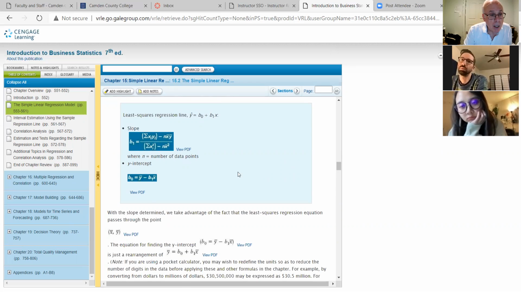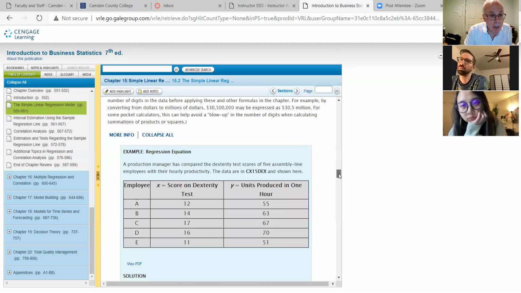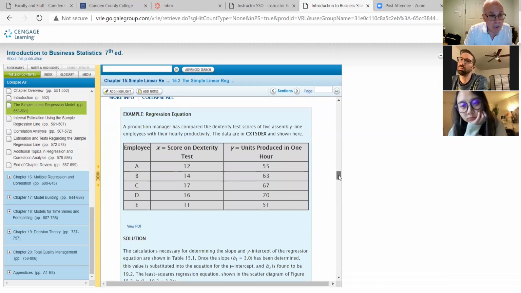Okay, and then this is the data set that you just downloaded, where the x is some score in a dexterity test and y is your productivity, right?